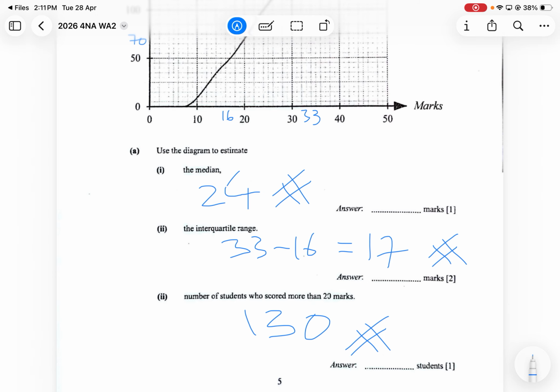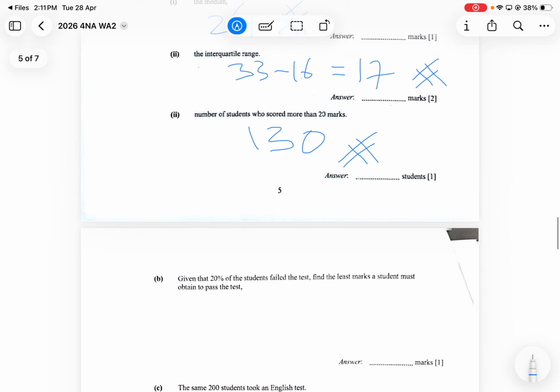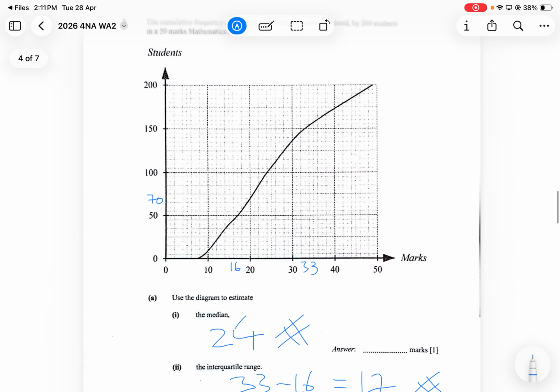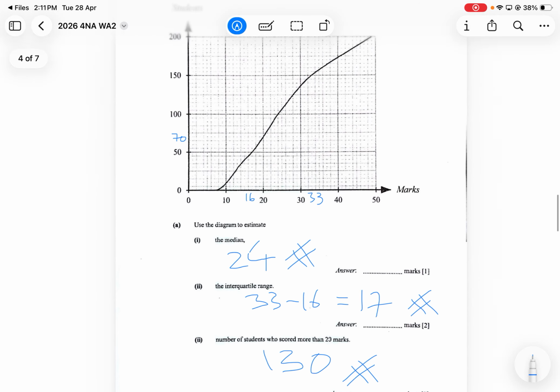Do y'all get 130? More than 20 mark. The 20 mark happened here. 70 score below 20. So from here to here there are 130 people.